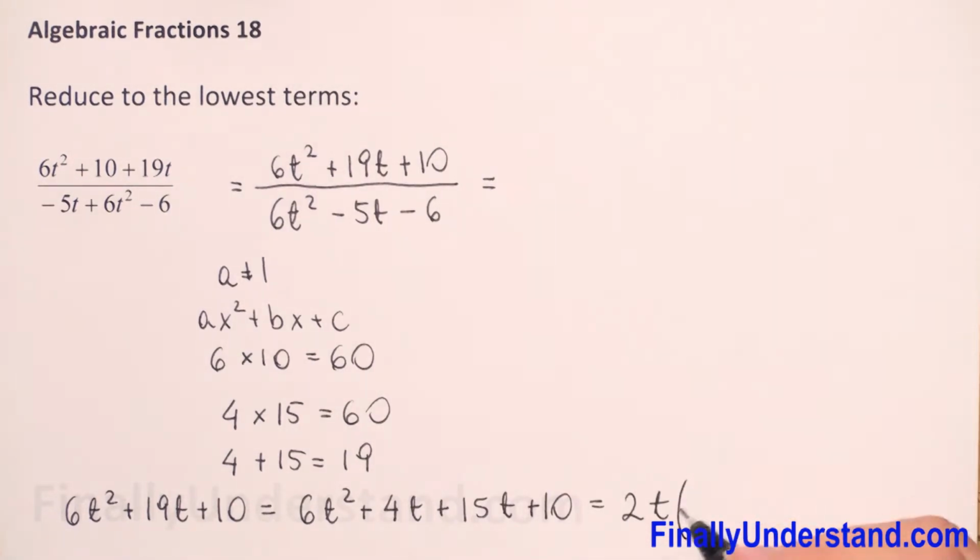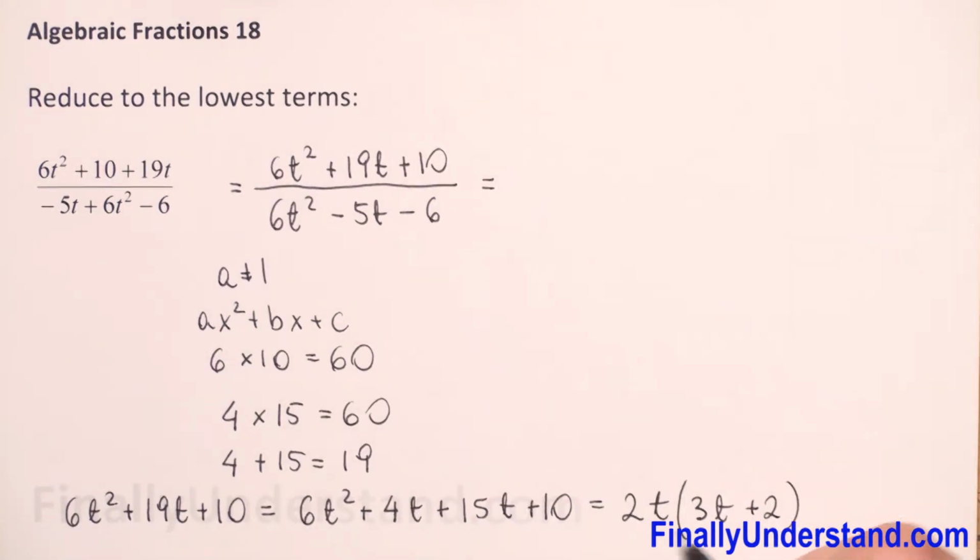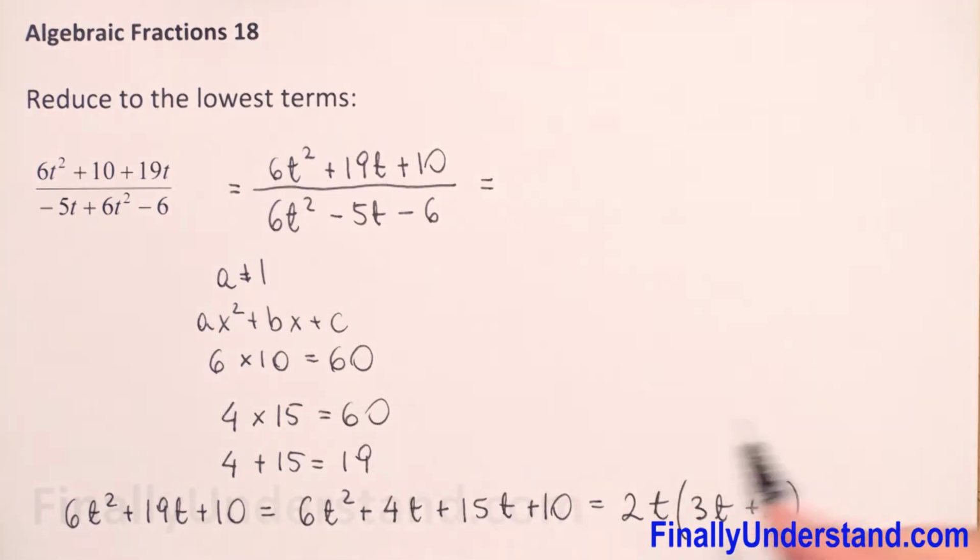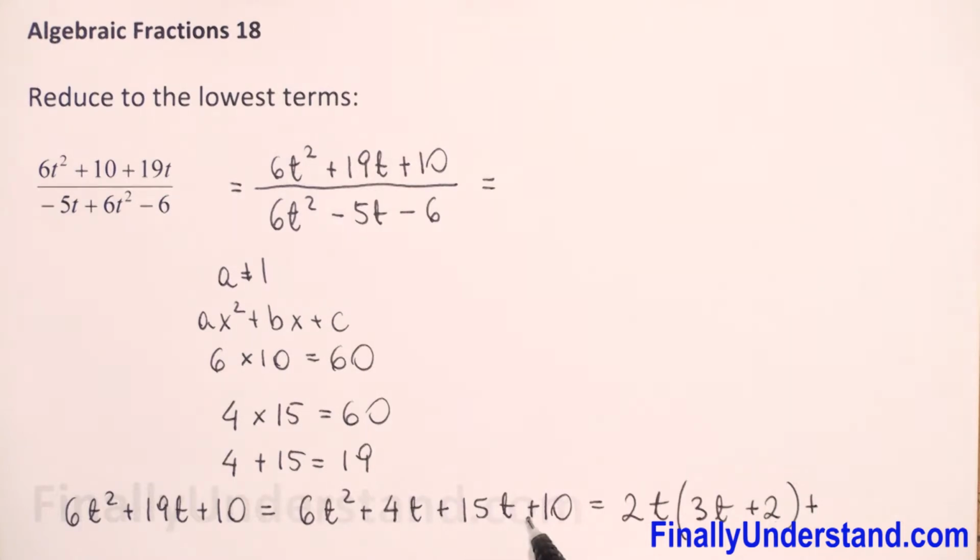And in parentheses, what will be? I have to multiply 2t by 3t to get 6t squared. And next, I have to multiply 2t by 2 to get 4t. 2t times 2 is 4t, plus, because we have positive signs.